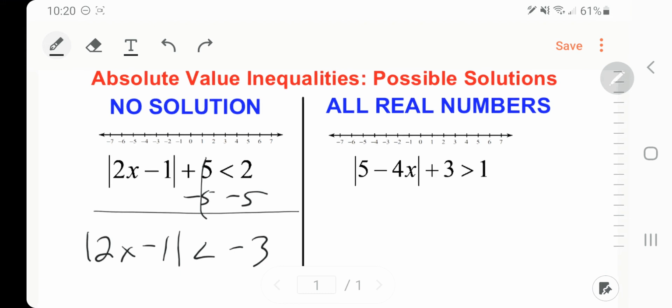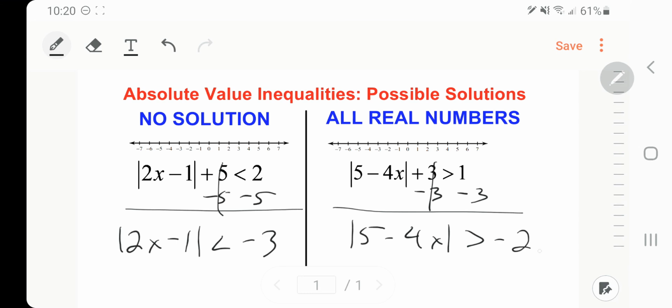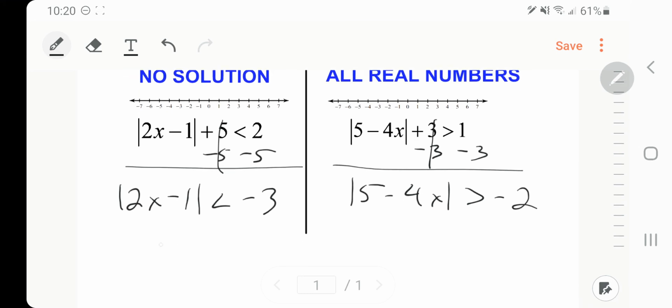Now looking at the second one here, again, we're going to solve this by isolating our absolute value. And I get the absolute value of 5 minus 4x greater than negative 2. Now the difference here, compared to our last one, is that on the left side, I'm still getting a positive number because that's our absolute value, which means it has to be positive.